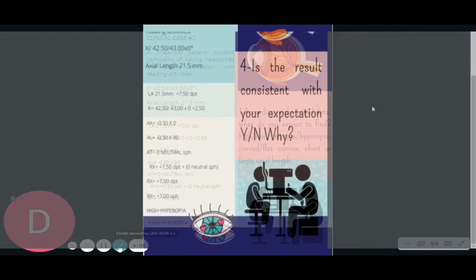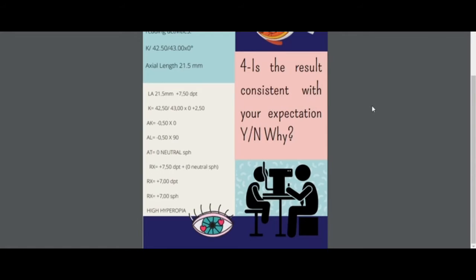The first thing that we have to do is take the axial length, which is 21.5, and with the number line we do the conversion from millimeters to diopters. From 24 millimeters to 21.5 millimeters there are positive 7.5 diopters, and it's positive because it's lower than 24.